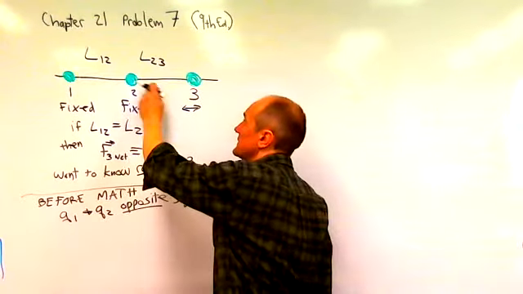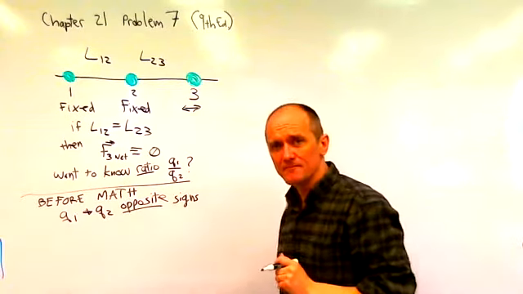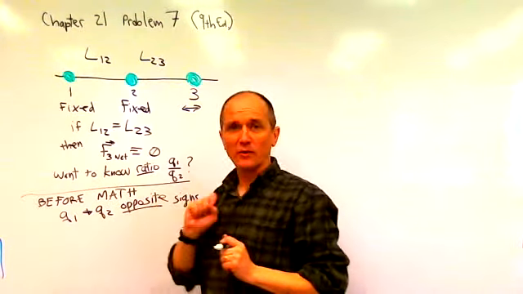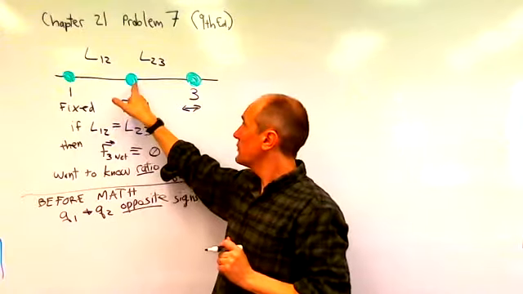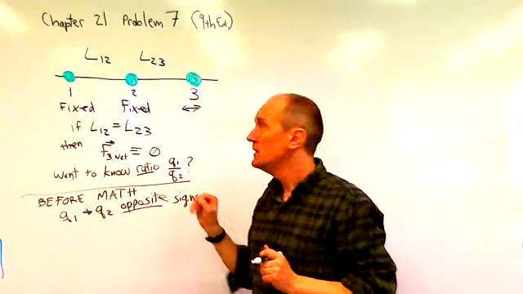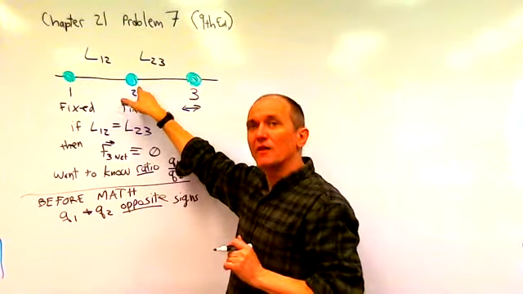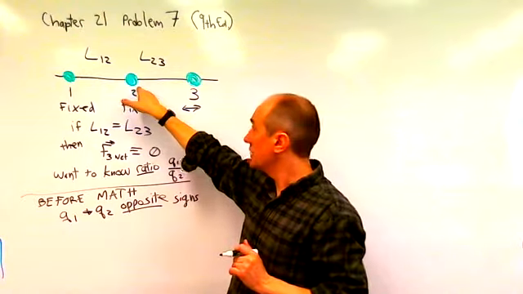Second, since Q2 is closer to Q3 and Q1 is farther away, if these two charges were equal in magnitude, then the force due to charge 2 would be much bigger than the force due to charge 1. So, in order for the forces to be equal, since this one is closer, it must also have a lower charge.